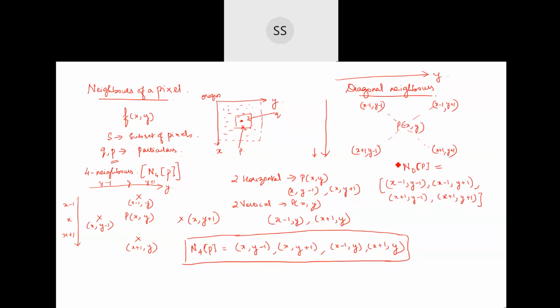Now that you have got the diagonal neighbors also, what is the next thing that we need? We need the eight neighbors.